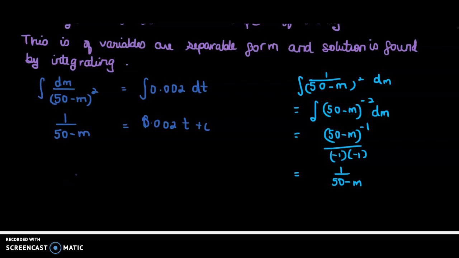Now they also give you some initial conditions in the question. So when t is equal to 0, m is equal to 0. But let me mention here that this is what we know as the general solution.